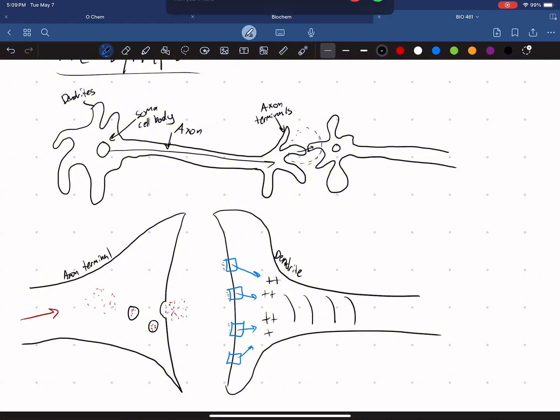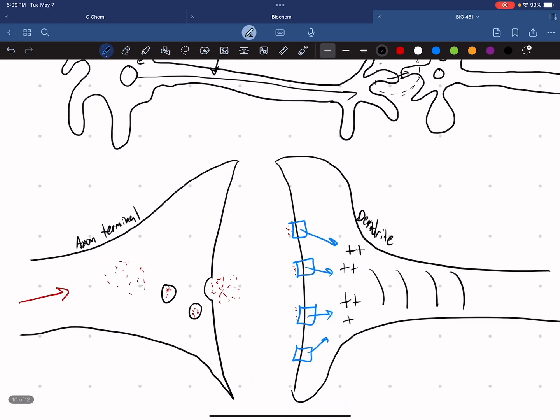And so if this is the first part of the synapse, we will call this the presynaptic terminal. And we know that this end will then be the postsynaptic terminal. So we know that these neurotransmitters and these signals go from the presynaptic terminal to the postsynaptic terminal in this fashion.